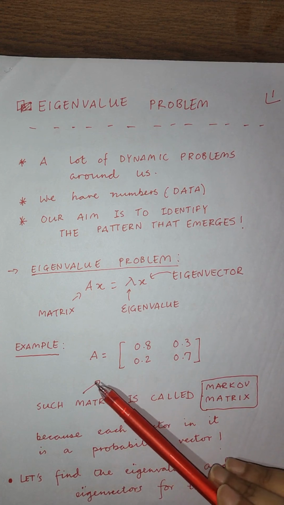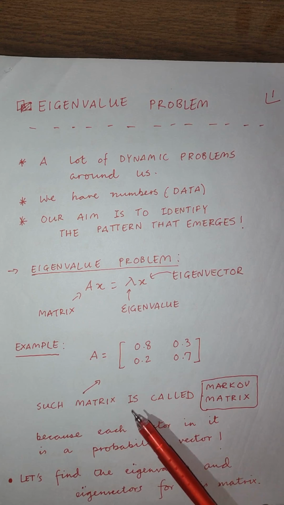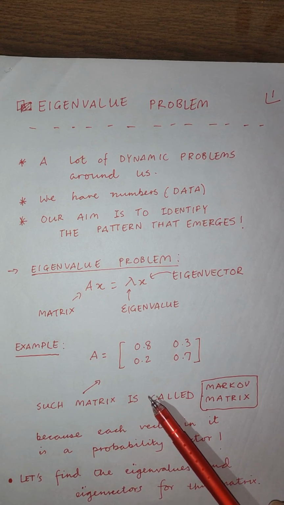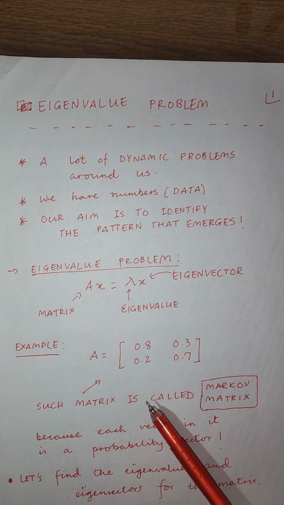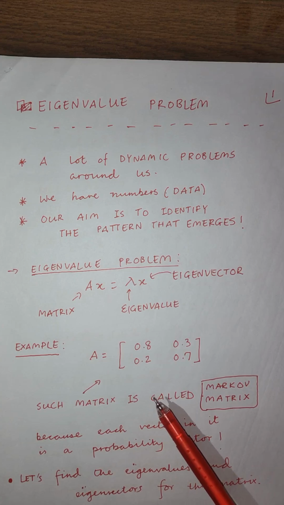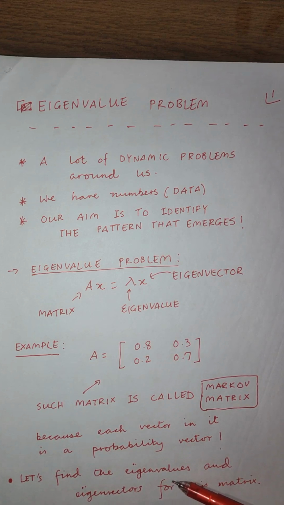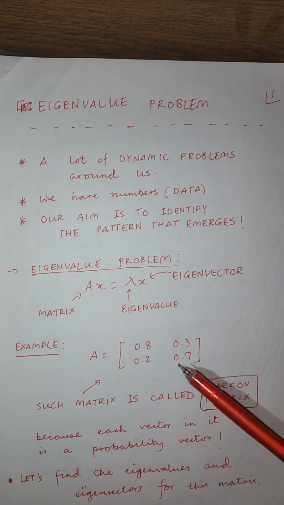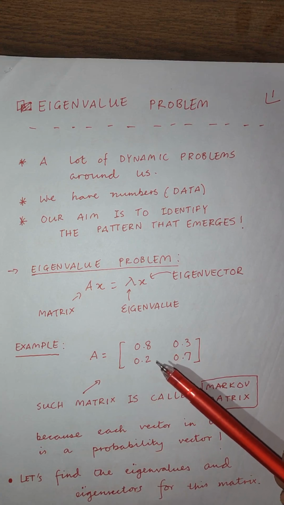So this is the matrix. This Markov matrix is the matrix we would be working on. We'll try to find the eigenvalues and eigenvectors for this matrix right here.